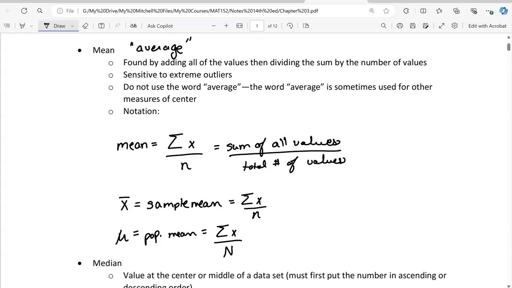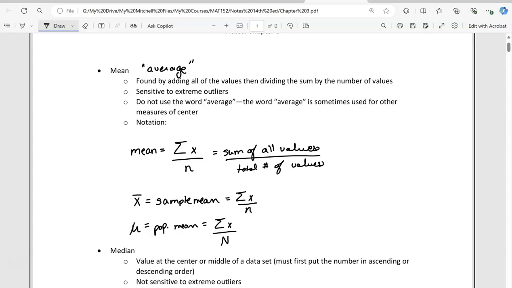There's the notation difference here, though. When we're talking about a sample, we're going to use that lowercase n. And when we see a population, we're going to see that uppercase N. So let's just look at an easy example. Suppose that we're looking at the grades we have for tests in the class.